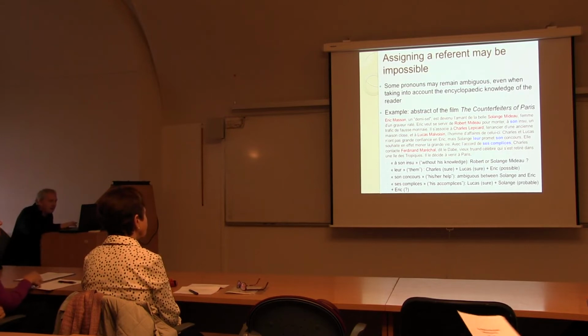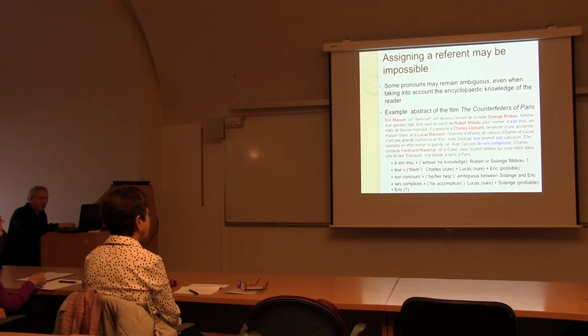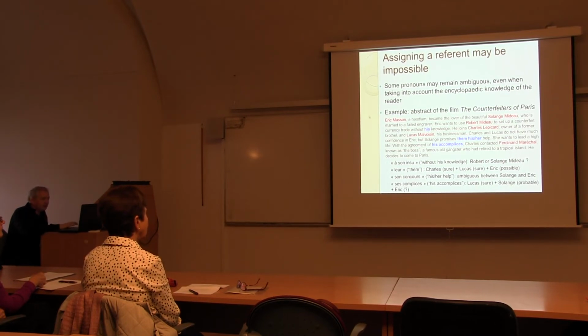And here is the abstract of the film The Counterfeiters of Paris. In French: Éric Masson est devenu l'amant de la belle Solange Mideau, femme d'un graveur raté. Éric veut se servir de Robert Mideau pour monter à son insu un trafic de fausses monnaies. In English, I think it's something like that, but I'm not sure of my English.